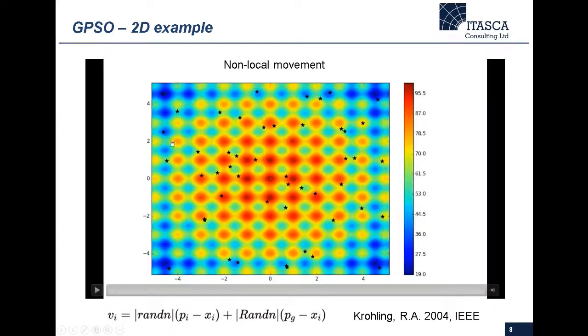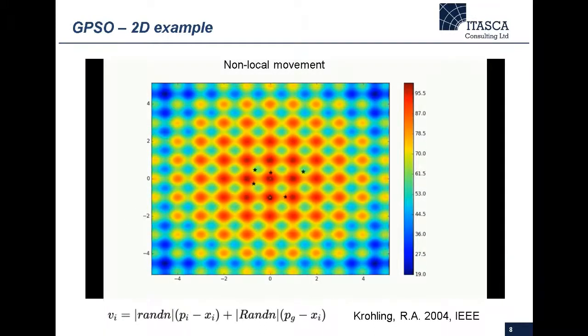Here I have a video to show you the iterations of this method. I throw in 50 particles. By the way, the blue is the local minimum and the red is the global maximum, and in this example I'm looking for the global maximum, or global optimum. After 5 to 10 iterations, at least one particle has already found the global maximum, which is at the center.